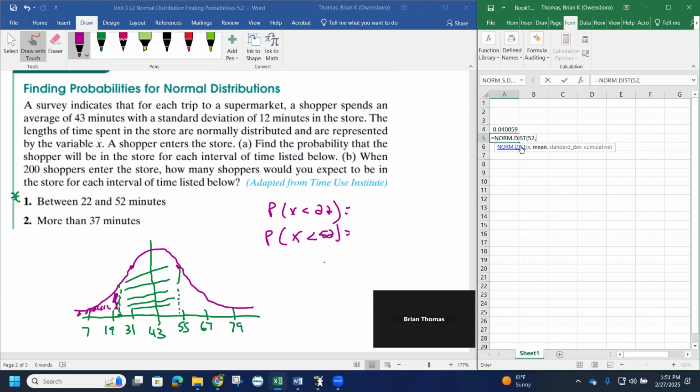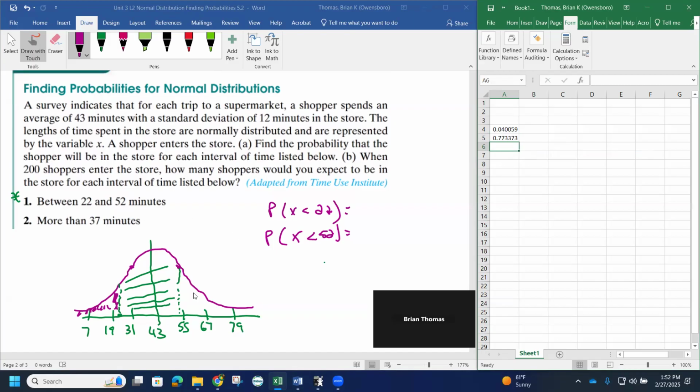Again, our mean is the 43. Our standard deviation was 12. And again, we want this to be cumulative. We want to use the word true there to make it cumulative. That gives me the probability of being less than 52 minutes.